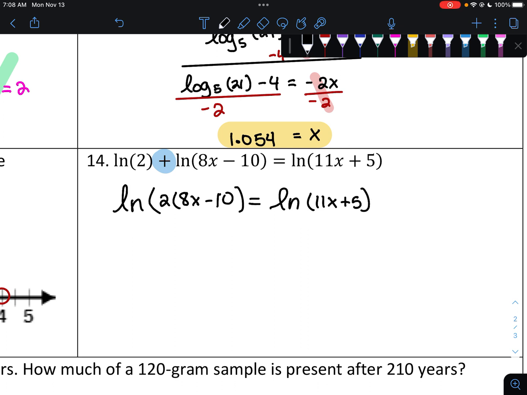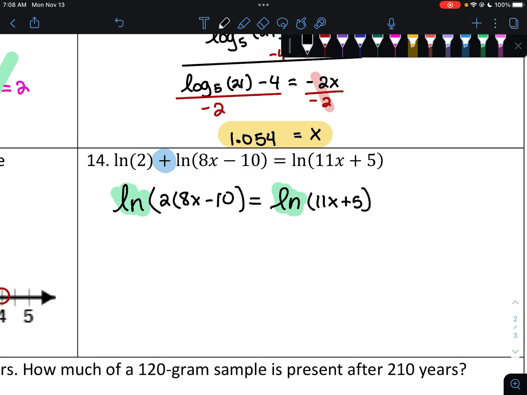And now that my bases are the same and I have one natural log on each side, I can go ahead and drop them and set what's inside equal to each other. So I'm going to go ahead and multiply 2 times 8x, that is 16x. 2 times negative 10 is a negative 20, equals 11x plus 5.